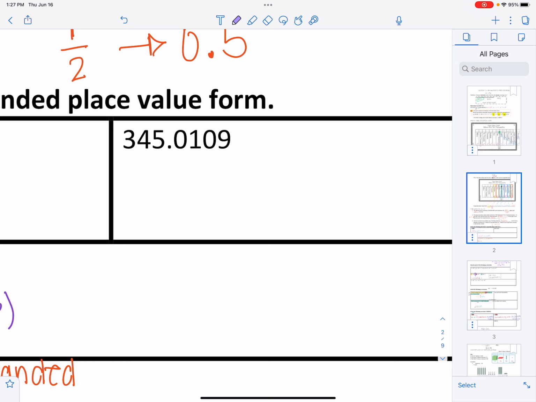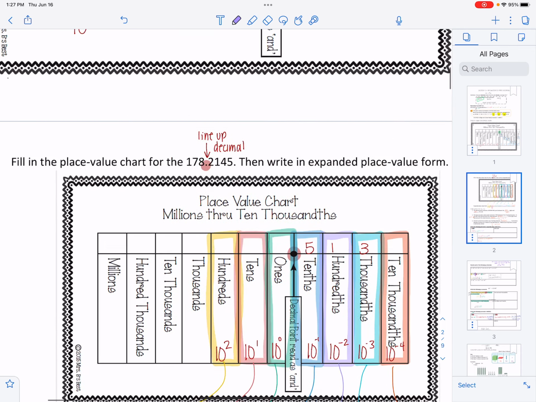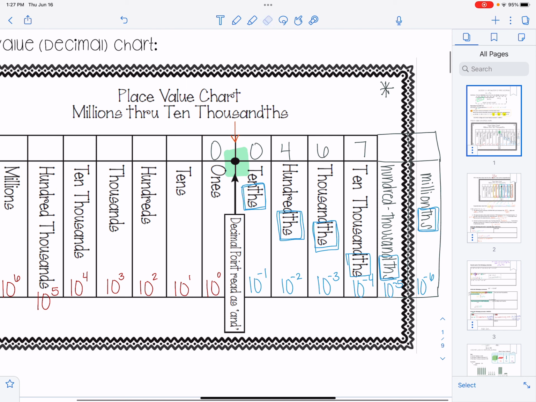Okay, our next example, 345.0109. Again, we don't worry about zeros, but we do have to line up our decimals. So if we go back to that decimal chart again, we're going to put in my new number, line up the decimal. So 345 is going to go to the left of the decimal, and then 0.0109.